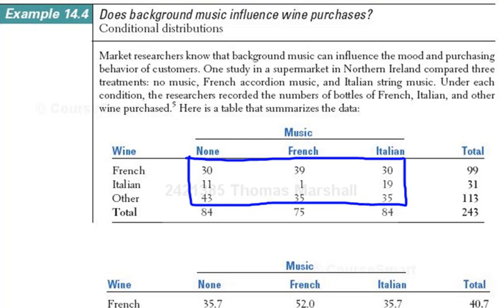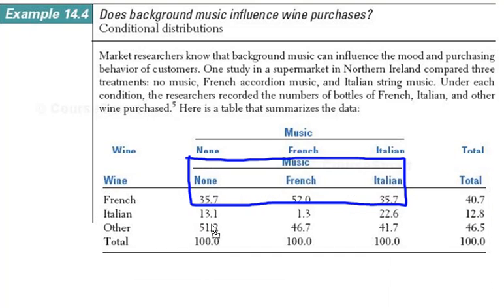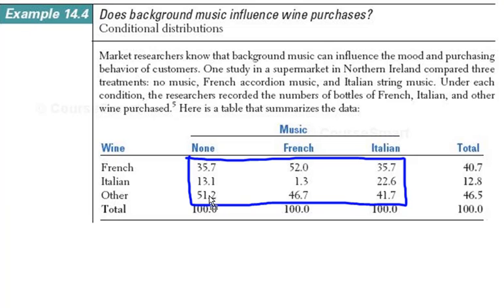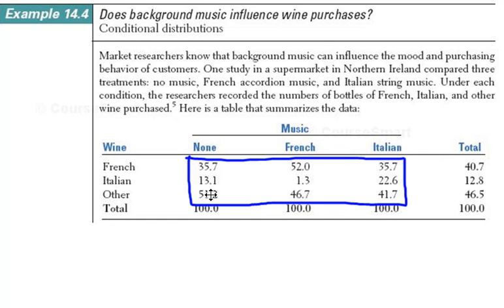And by doing those conditional distributions, I can then convert all those counts into percents, which allows me to compare categories with different totals. So now I have the percent of each type of wine that was sold out of all the ones that were sold when there was no music, when there was French music, and when there was Italian music.